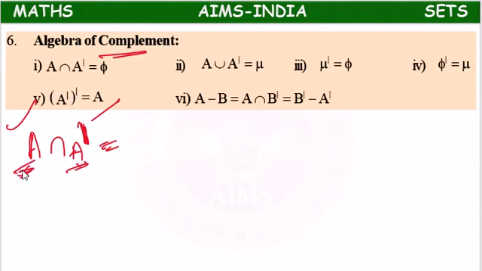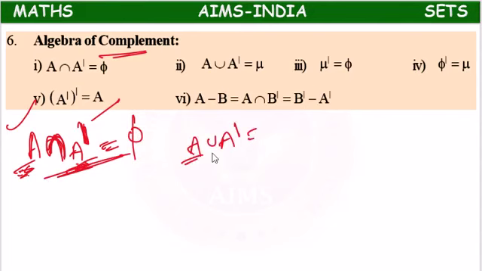The elements in A dash are the elements which are not in A. Intersection means common elements, so there will be no common element between them. So the answer is phi. Next, A union A dash means elements in A and elements not in A. Their combination means total elements. All elements will come: mu.